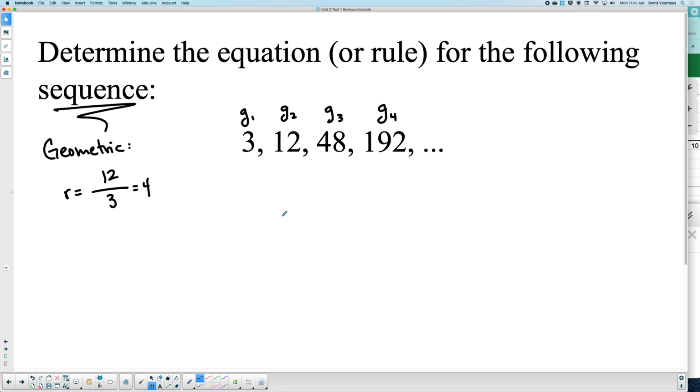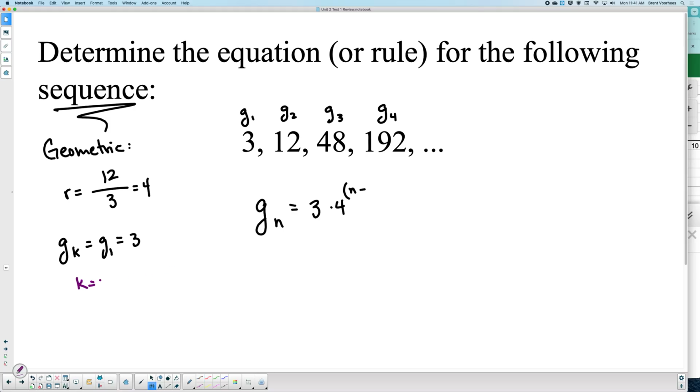If I use my formula, G_n equals G_k, and on this one I'm going to say my G_k is G1, which is 3. It'll be 3 times 4 to the power of n minus, what's my k right here, just to be clear?